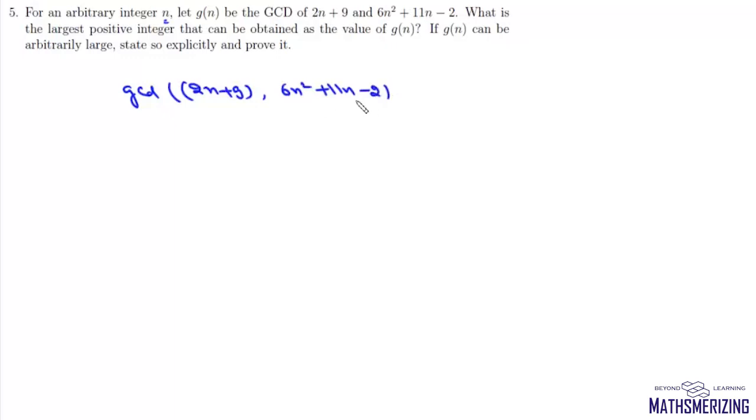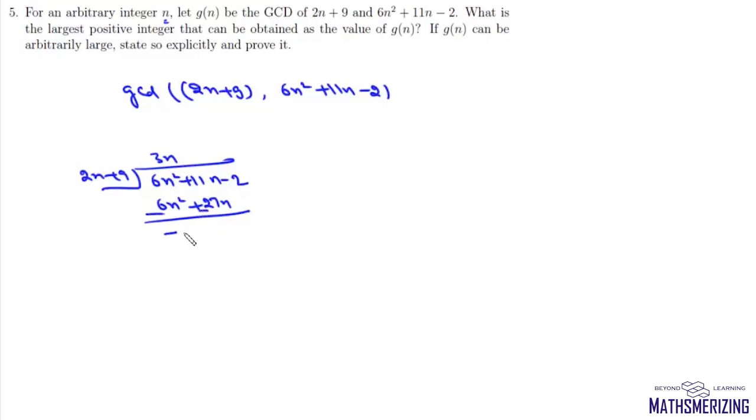Now if we divide 6n square plus 11n minus 2 with 2n plus 9, so this is 3n, 6n square plus 27n and then minus 16n minus 2. So it will be minus 8, it will be minus 16n minus 72. So plus and minus.